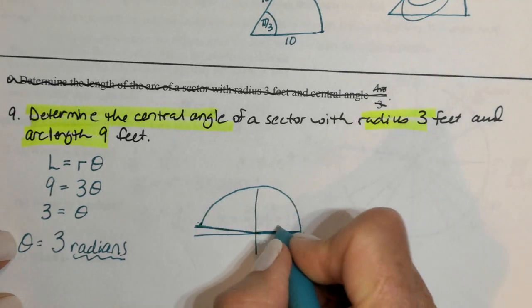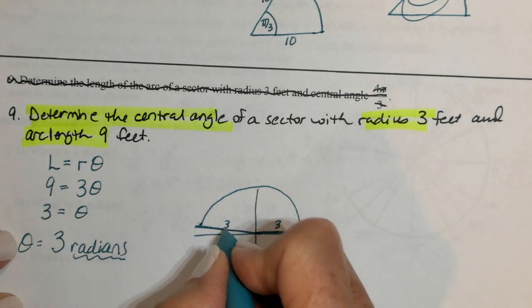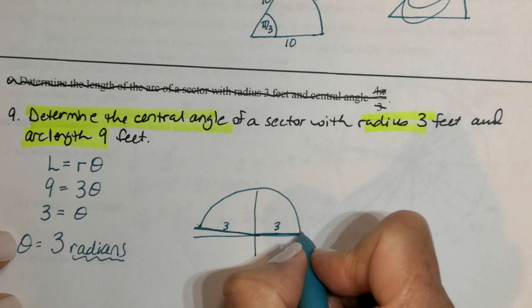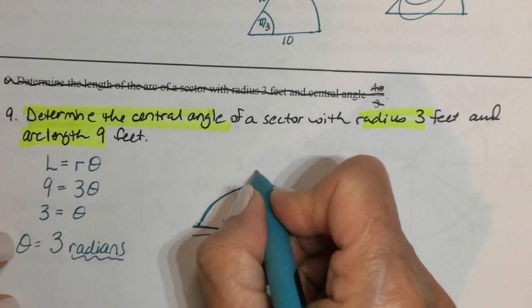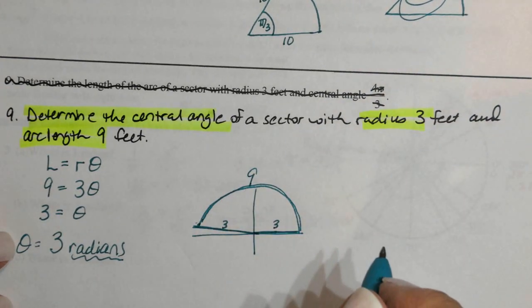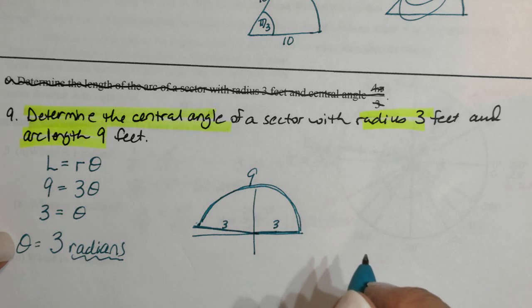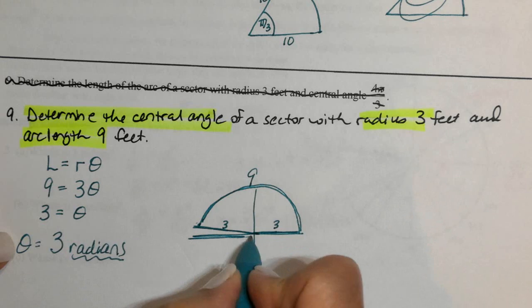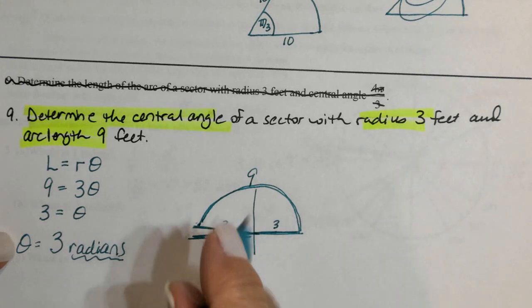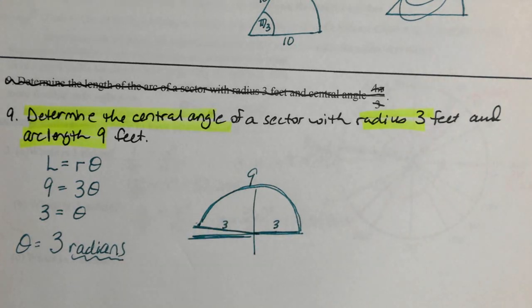So if the radius is 3, this arc length would be 9. Almost all the way to pi.